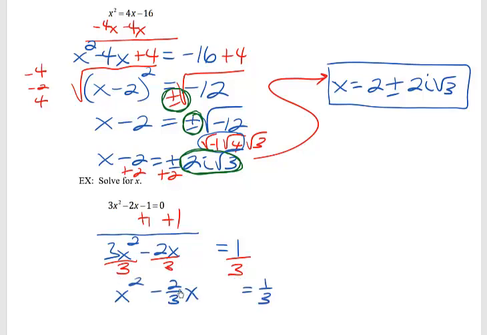This is in the right format now, but it's just so messy to deal with because if I wanted to do the complete the square trick, I'd have to take negative 2/3. I'd have to figure out what half of that is. I'd have to square it. It's going to be some awful fraction that I'm adding into these places. And as a result, it's just a big mess. It's possible to do. It's just so messy that typically people don't do it.